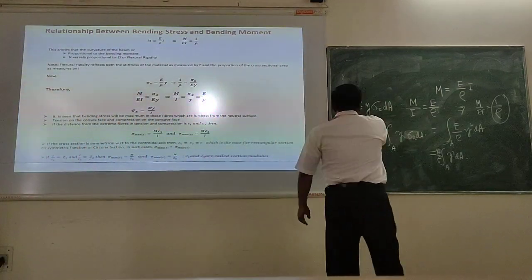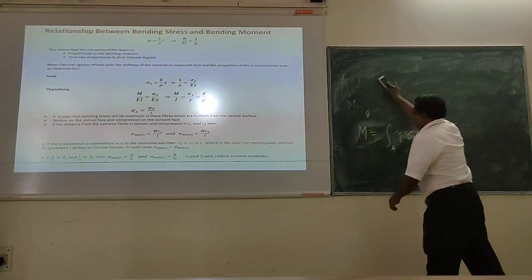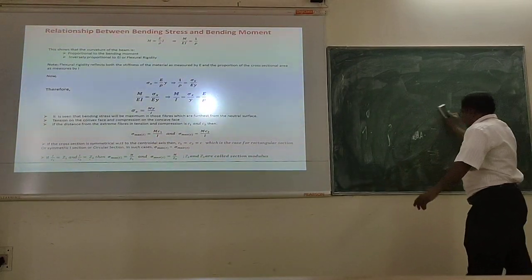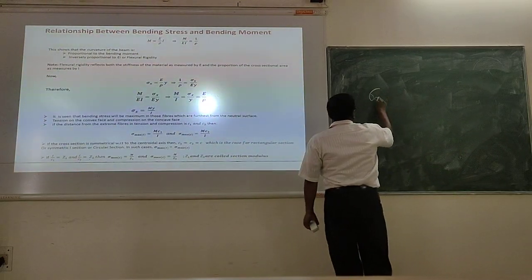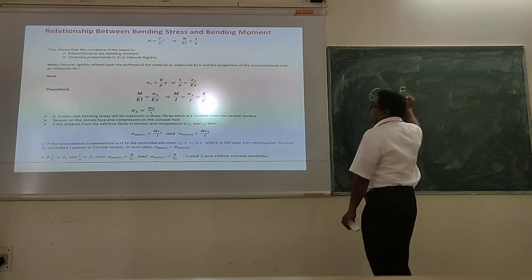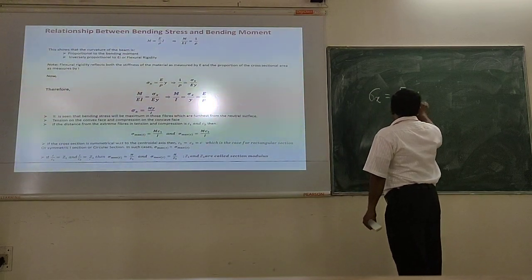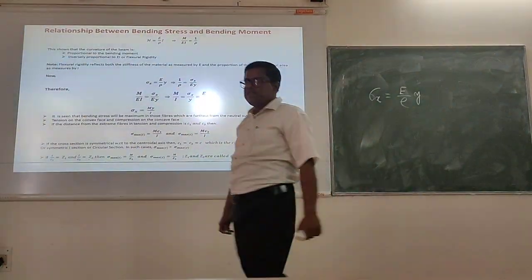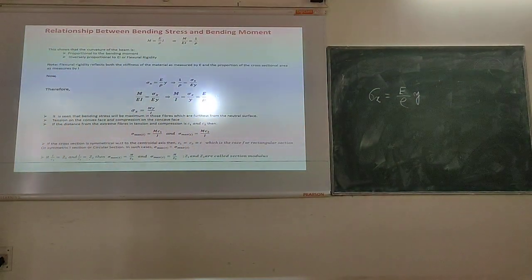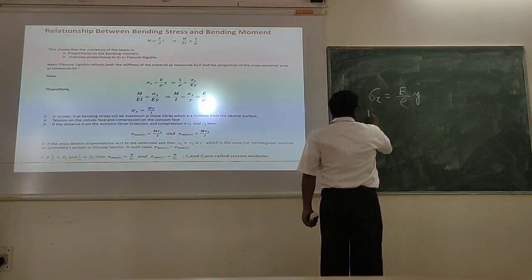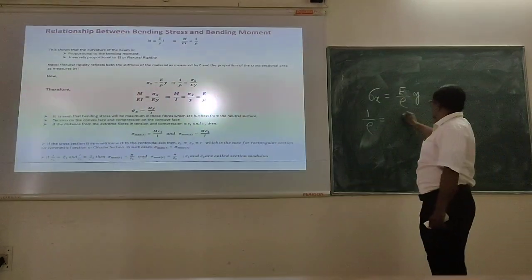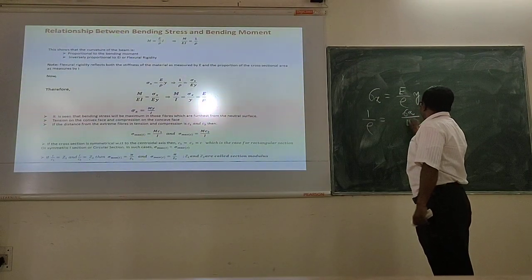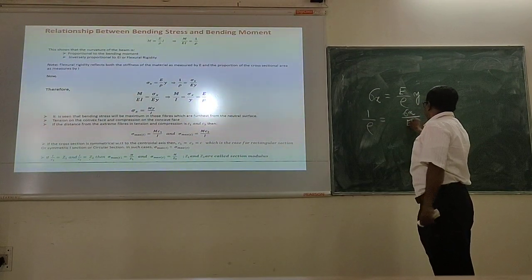Now we have seen that there is a relationship for sigma x. Sigma x was nothing but E by rho into y, the bending stress. So what is 1 by rho? 1 by rho is sigma x by E y.